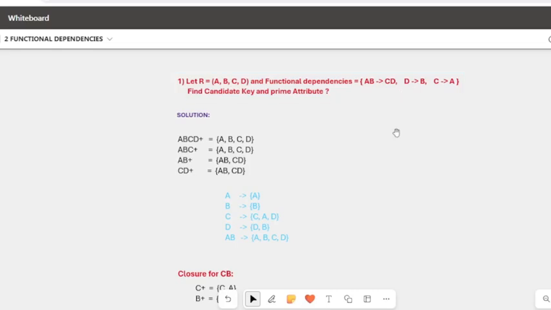If we get a super key, that particular left hand term is called a candidate key and it is called a primary attribute.